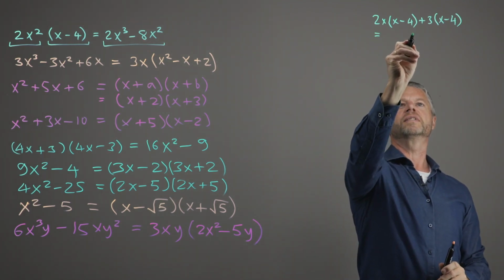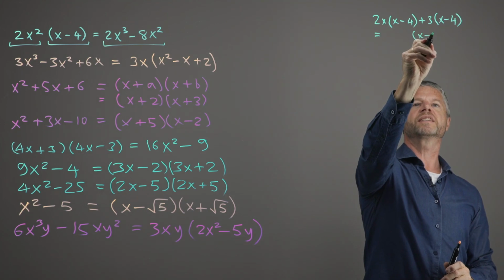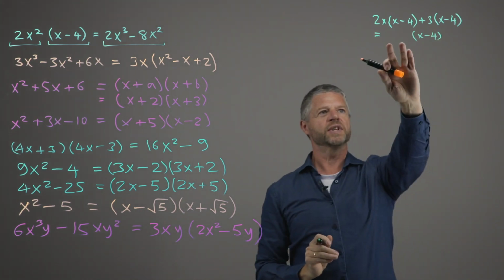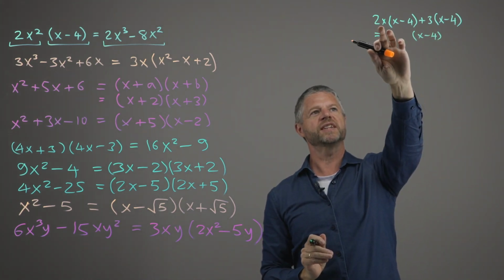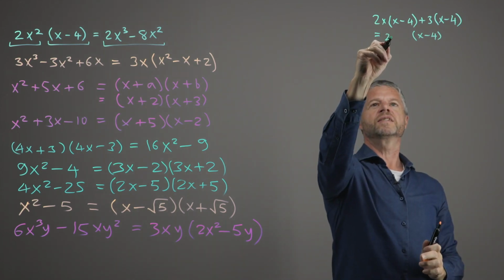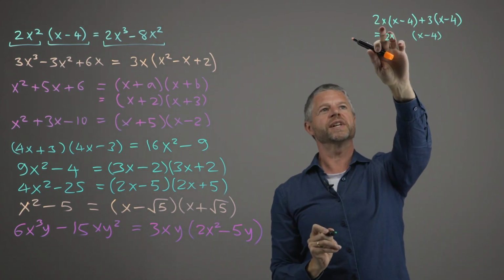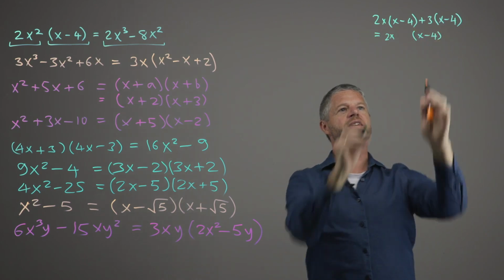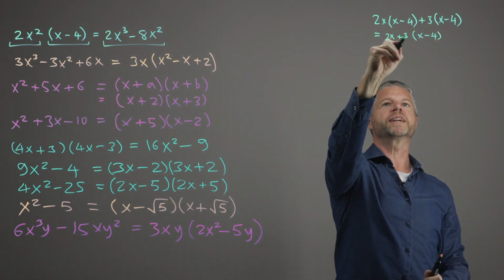So I'm actually going to write the common factor with a space, because I can see that 2x I can pull out of the first term, and then 3 I can pull out of the second term.